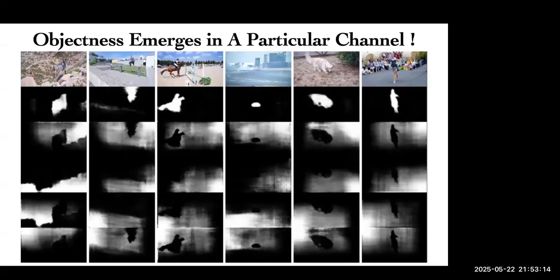I would have expected that each channel specialized in different kinds of appearances, but that's not what happened. Actually, this is a surprising discovery in our work, and it took us 3 months to figure out why that's the case.